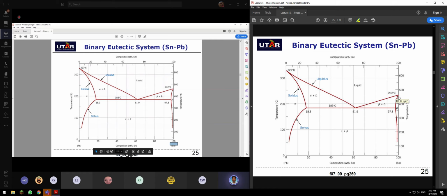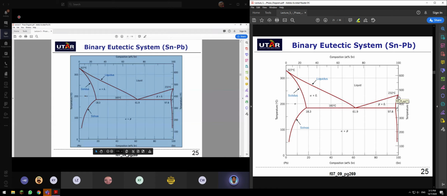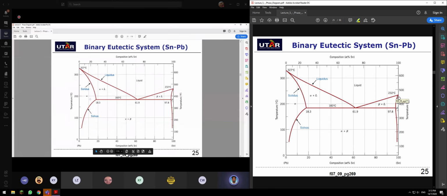From this, you should know that alpha solid is rich with lead, and here beta solid is rich with tin. I'm repeating this again: here alpha solid is rich with lead, and here beta solid is rich with tin.